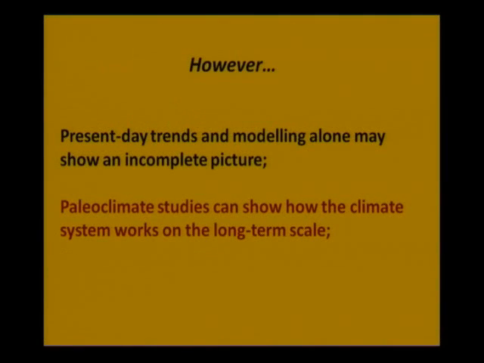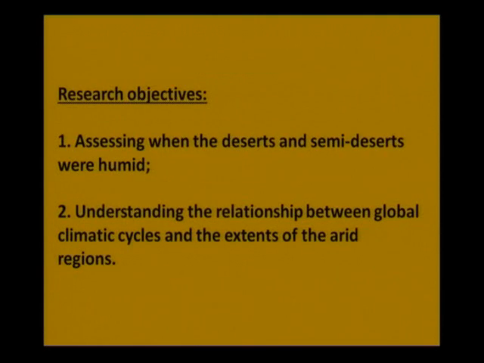So we go to paleoclimate, and it can show us how the climate system works on the long-term scale. And my research objectives in the deserts were to assess when the deserts and semi-deserts were extended in our area in Israel, and maybe in other regions if I can, and understand the relationship between global climatic cycles and the extent of the arid regions.